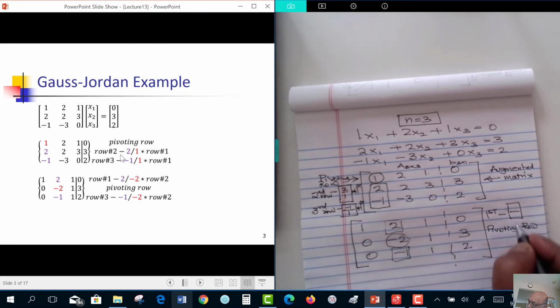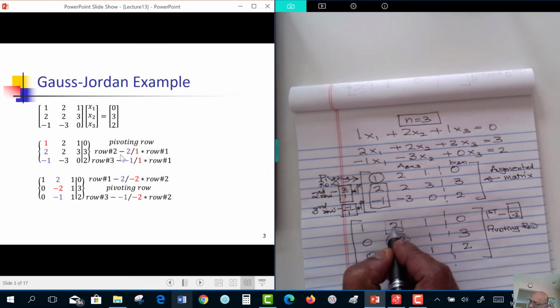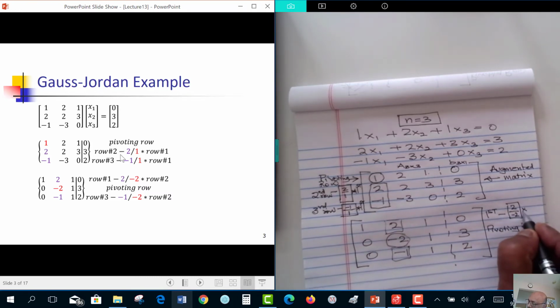Remember, denominator is pivoting element, numerator is what we want to get 0, times pivoting row, which was second row. So now we are going to take third row minus 1 over minus 2 times second row.